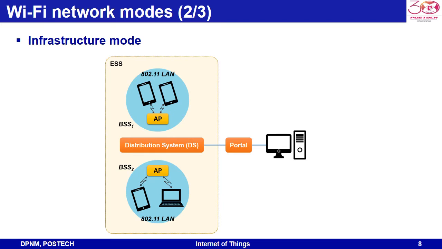As illustrated in the diagram, Wi-Fi mostly operates using an infrastructure mode. Like I have previously explained about the infrastructure network mode, there is a base station and the terminals communicate with each other through a base station.